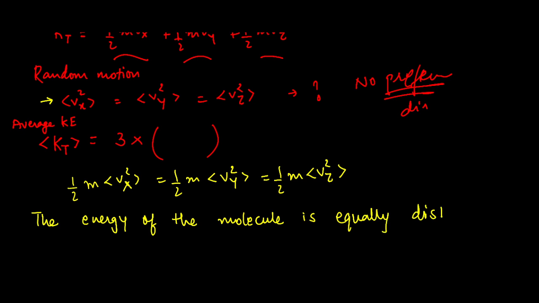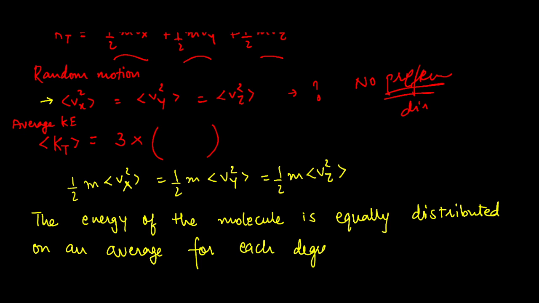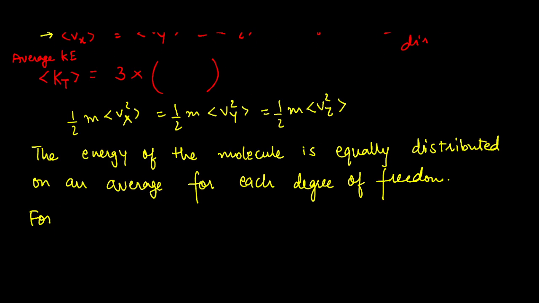It is not the law, I will have you write the law later, but the law is very close to this. The energy of the molecule is equally distributed on an average for every or for each degree of freedom. In other words, you can say that for each degree of freedom, the average energy is equal.